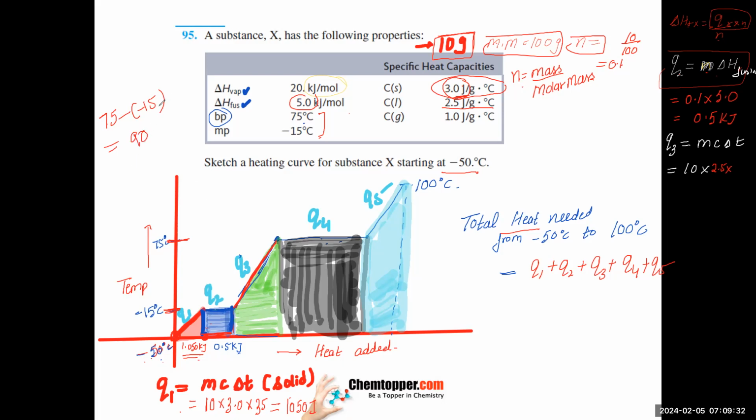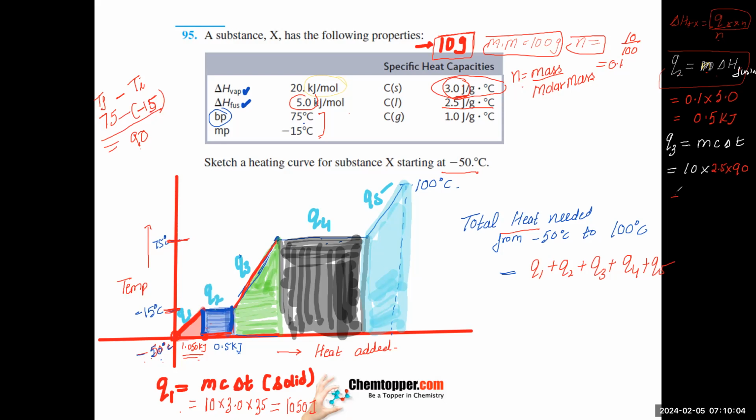You start from minus 15 to 0, that's 15. And then 0 to 75, 75. 75 plus 15 is 90. This is T final and this is T initial, and there is a minus here and there is a minus in front of 15 also. So when you take care of the sign, it is 90. If you don't take care of the sign, you will not get the right answer. So here the temperature change is 90.